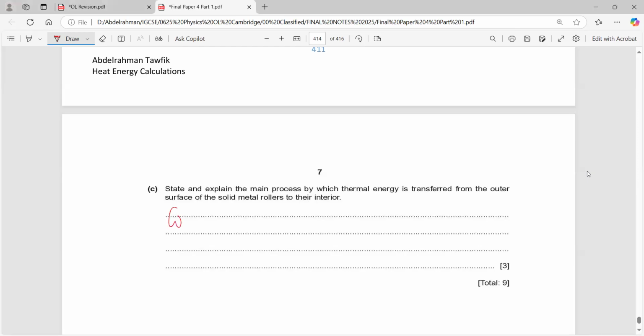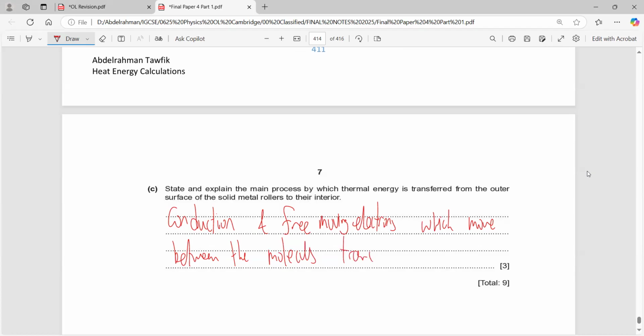I will say conduction, and free moving electrons, which move freely or fast between the molecules, transferring the energy. Okay? Easy, right?